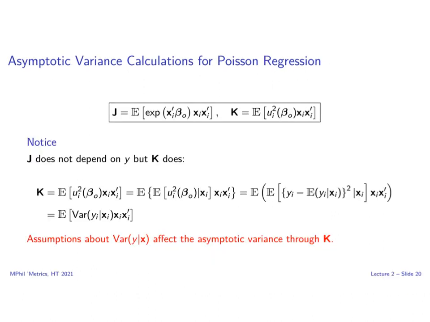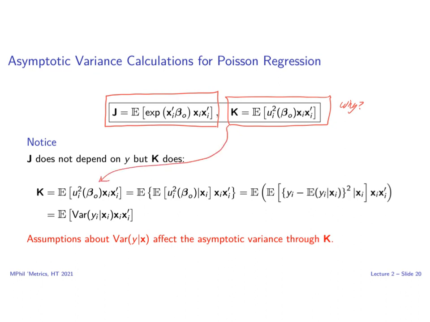Notice that while J does not depend on the outcome variable y, K does. To see how this works, let's recopy the expression for K in Poisson regression from the previous slide. Namely, K is equal to the expected value of this residual evaluated at beta naught squared times the outer product of x prime.